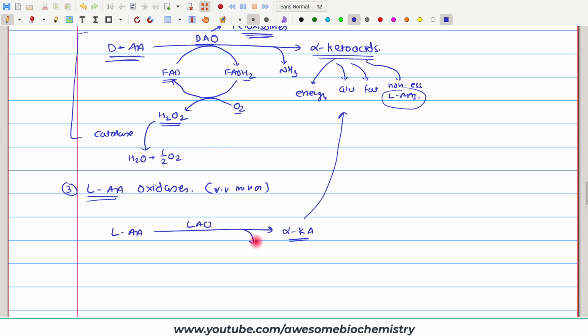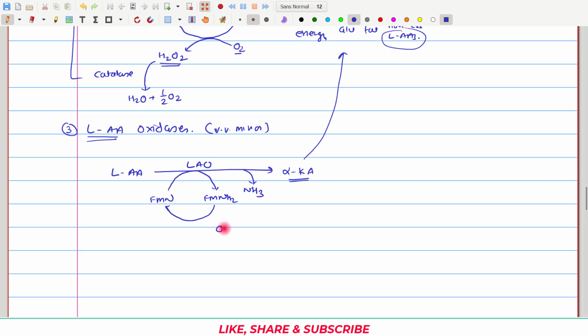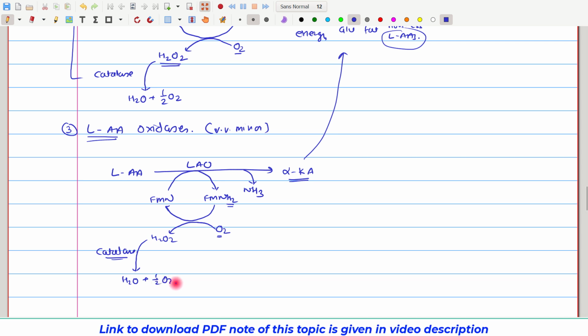Now, here the amino group is released in the form of ammonia. Here instead of FAD, FMN is used. So, FMN gets converted to FMNH2. This FMNH2 gets converted back to FMN with the help of oxygen. So, this 2 hydrogen and oxygen combine to give rise to hydrogen peroxide, and this hydrogen peroxide is broken down by catalase to a water molecule and oxygen molecule, right.